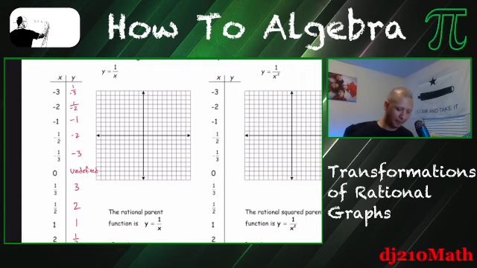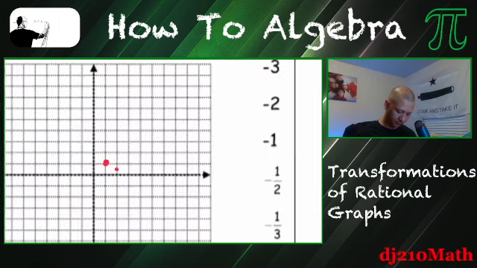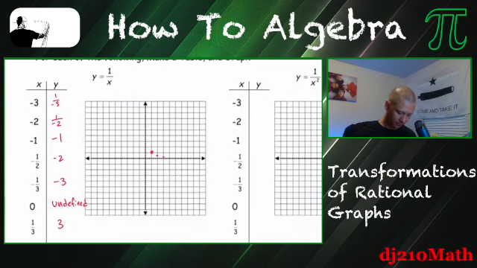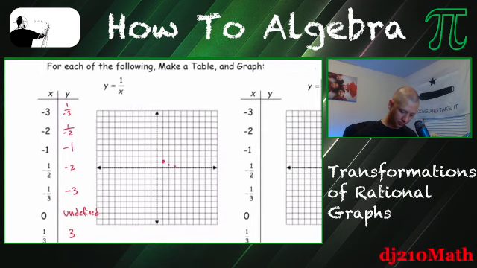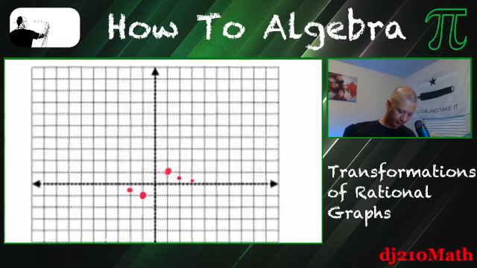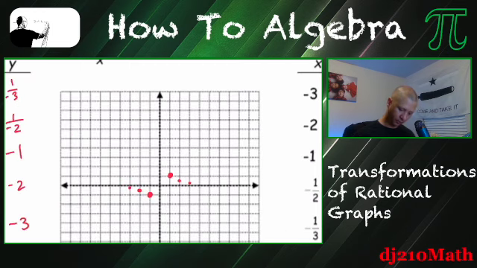So basically what's happening is that if we plot all these points, -1, 2 1/2, 3 1/3.